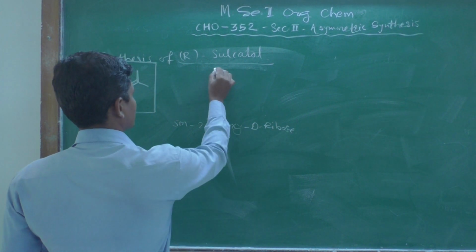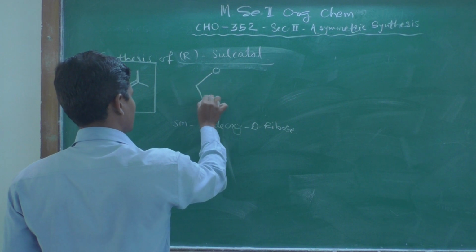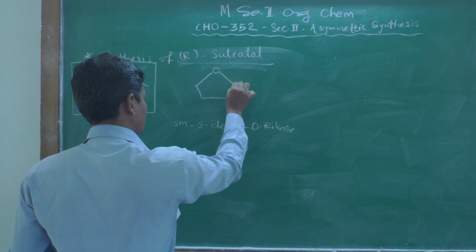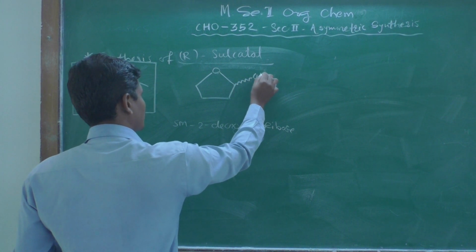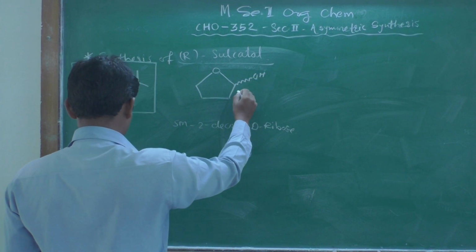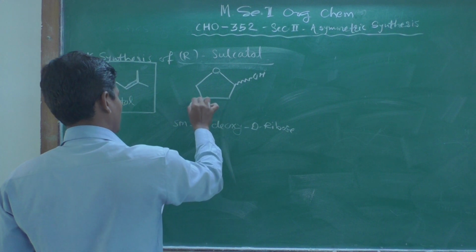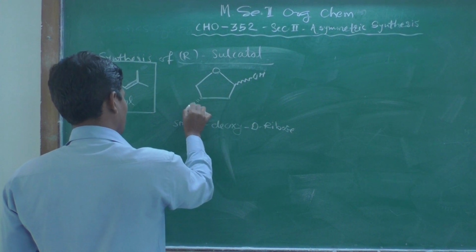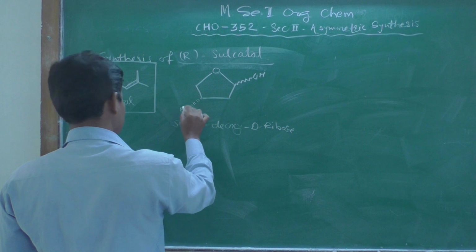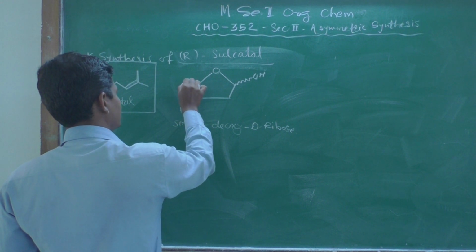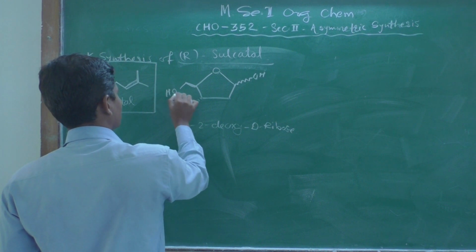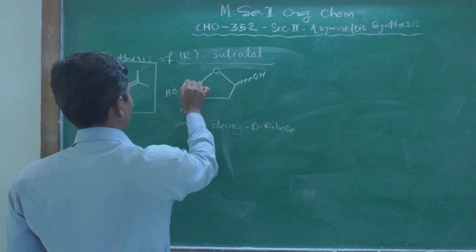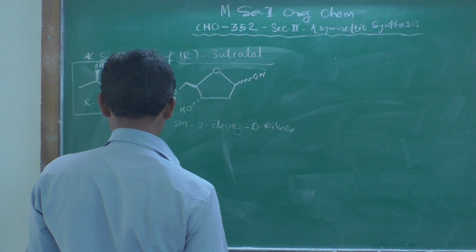The 5-membered furanose structure is there. This hydroxy group may be alpha or beta, no problem, but the stereochemistry of all other carbon atoms is fixed. This is alpha and this is beta, CH2OH.